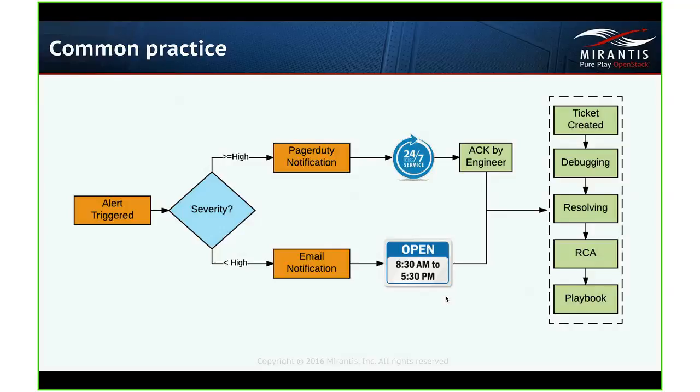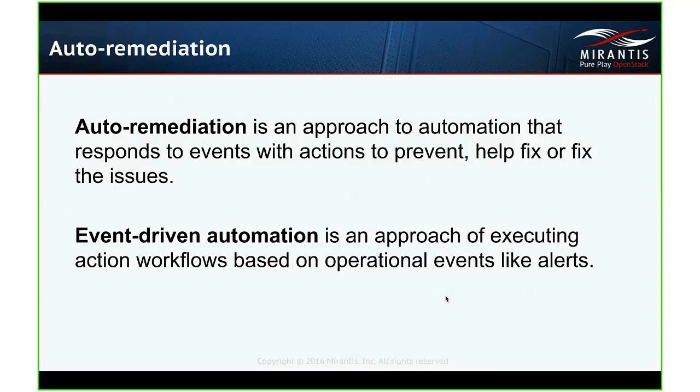That's how we actually got into auto-remediation. So for us, auto-remediation is an approach to automation that responds to events with actions to prevent, help fix, or fix the issues. And in addition to that, event-driven automation is an approach of executing action workflows based on operational events like alerts.